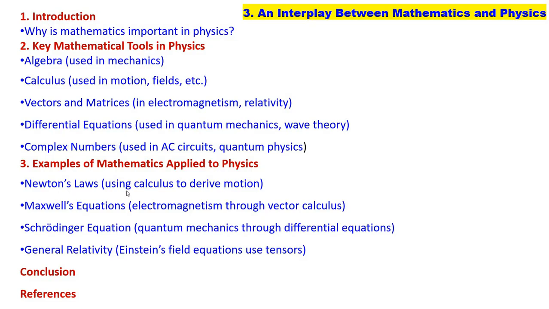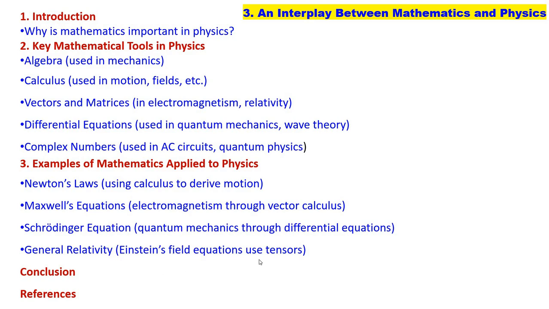So, using calculus, how you derive the concepts given in Newton's laws, and through vectors, how electromagnetism can be explained, and through differential equations, how the concepts in quantum mechanics can be explained.